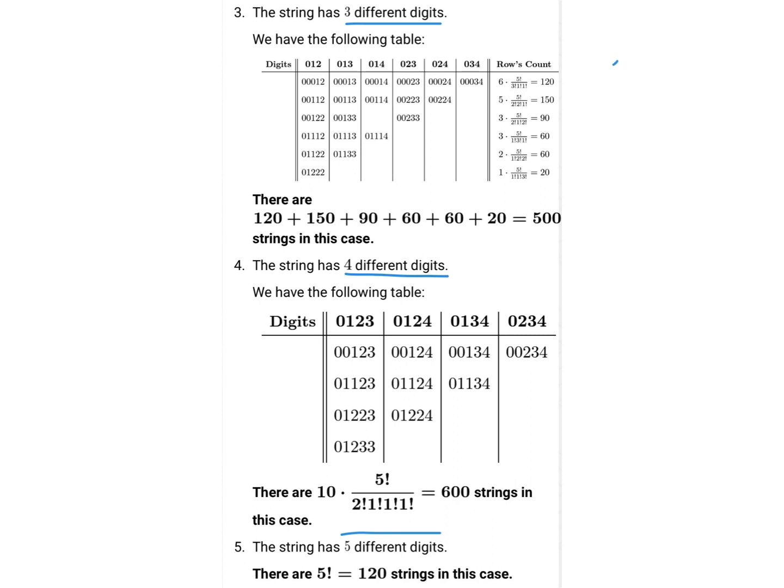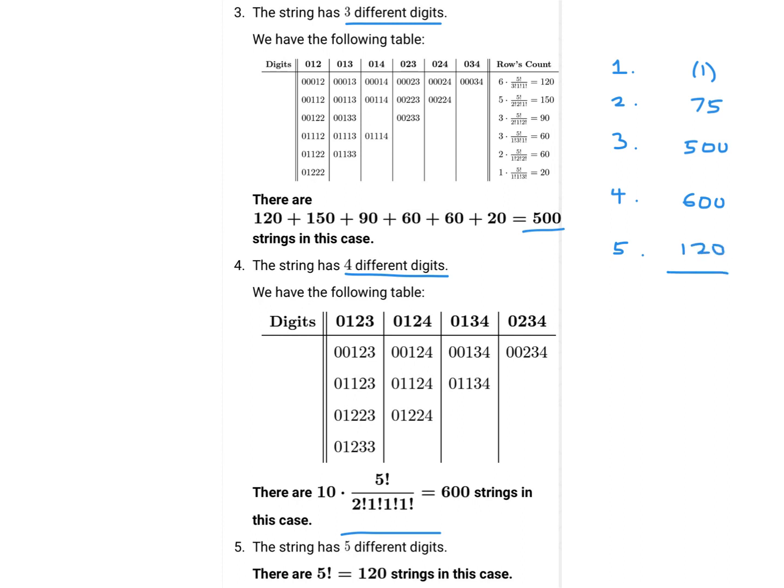If you recall, the first scenario with only 1 digit, we only got 1 case. When there were 2 different digits, we got 75. With 3 different digits, they are saying there's 500. With 4 different digits, it's 600, looks like. And with 5 different digits, you have 120.